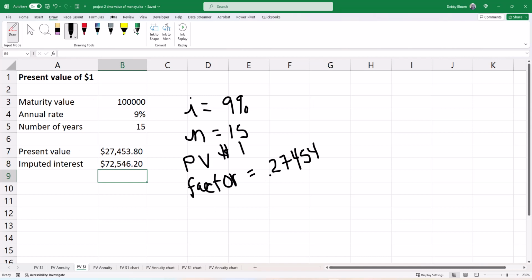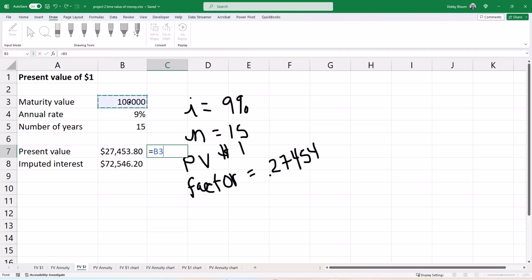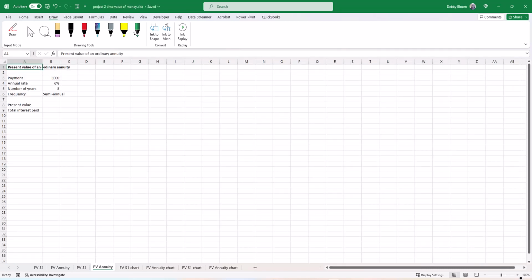So once again, if I was going to use the interest charts instead of Excel, all I would do is take the $100,000 and multiply it by the factor from the chart, 0.27454, and I would get $27,454, so very close. And once again, I would just take the maturity value and subtract the present value to calculate that imputed interest.